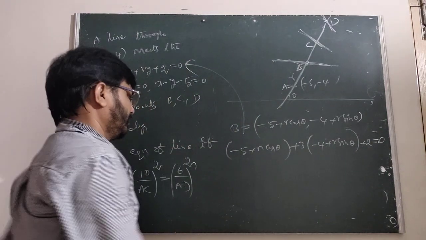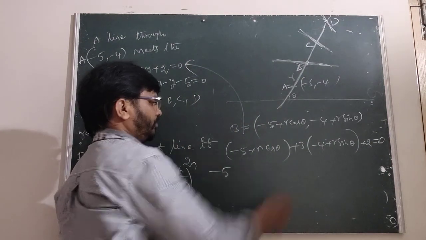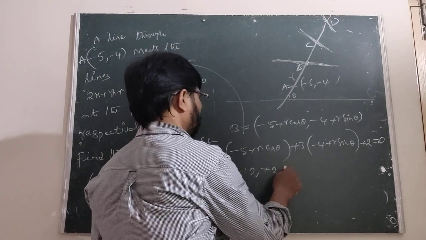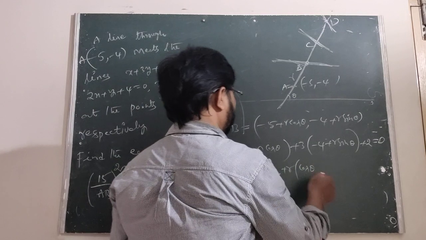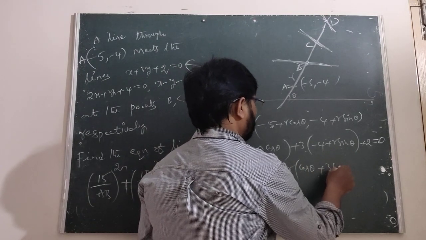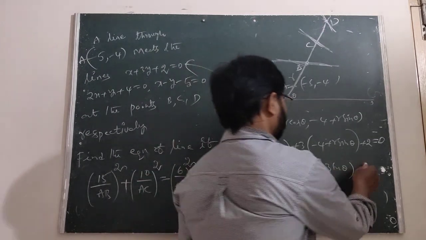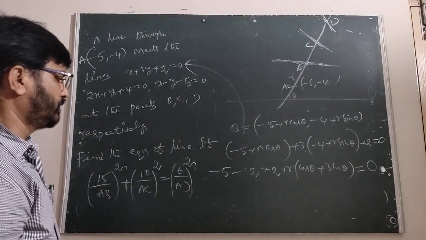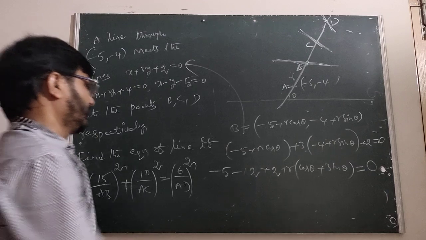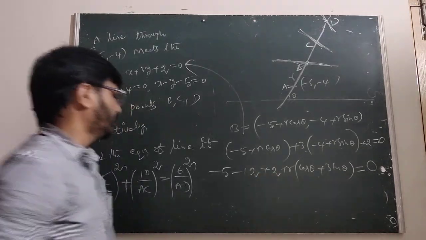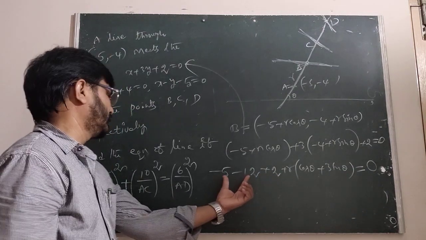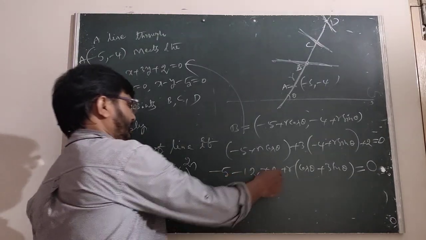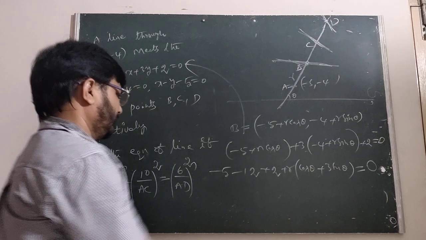Now we are looking here: minus 5 minus 12 plus 2 gives minus 15, plus r into (cos theta plus 3 sin theta) equals 0. Sending the minus 15 to the other side, plus 15.